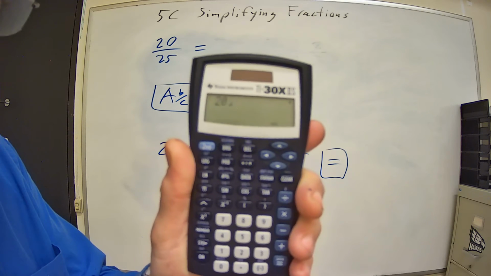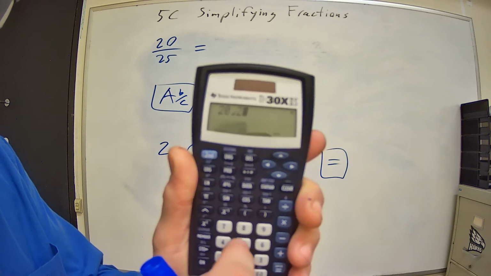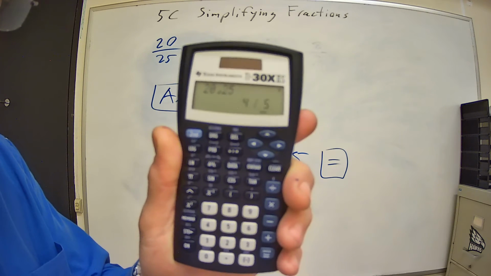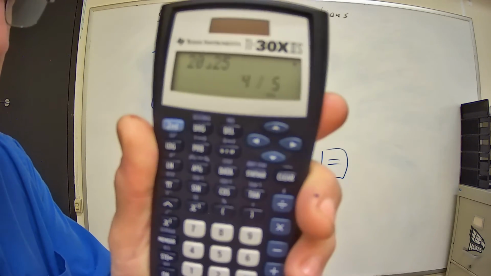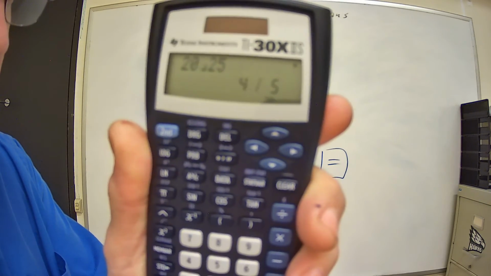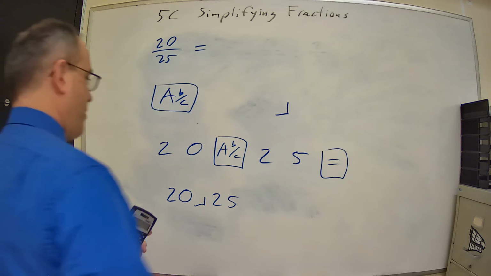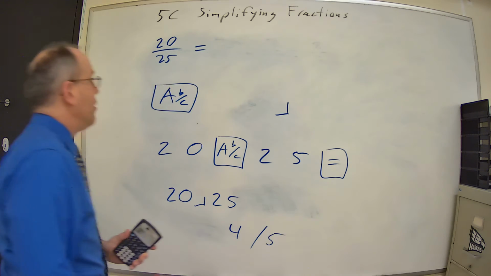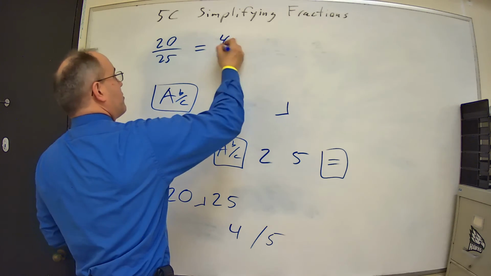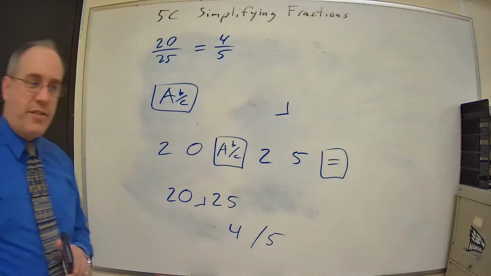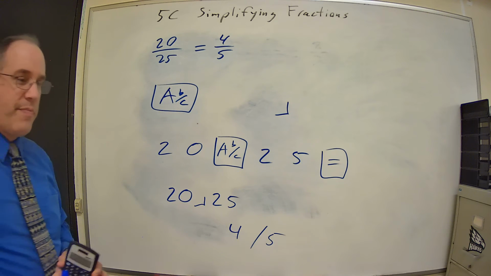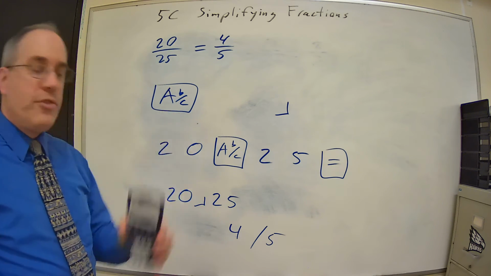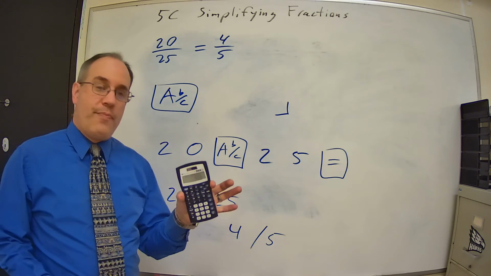It puts that little right angle thing there. 2, 5, and I hit equals or enter, and it gives me actually something that looks like a fraction. 4 slant line 5, telling me that this is 4 fifths. 20 25ths is 4 fifths. That was using a TI-30X2S.